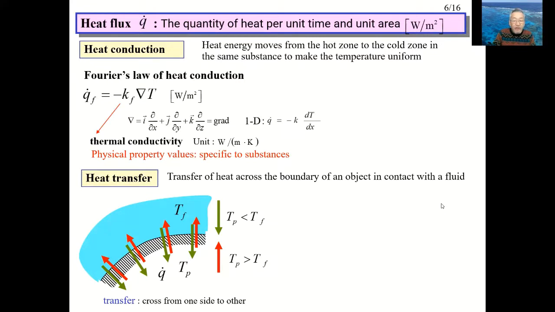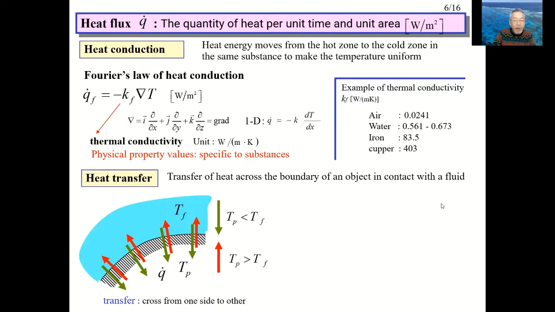The unit of the thermal conductivity is watt over meter Kelvin. The table on the right shows a few examples of the thermal conductivity. The thermal conductivity of air is very low, and that of copper is very high.